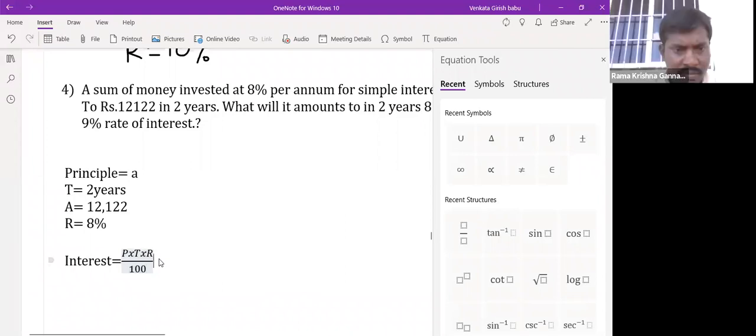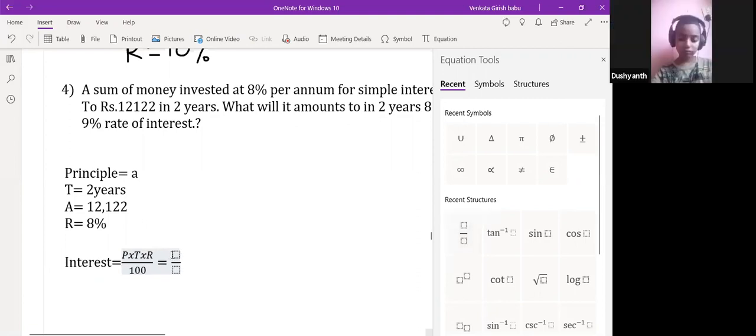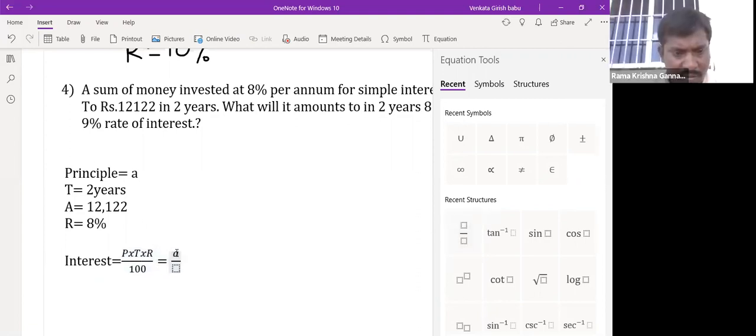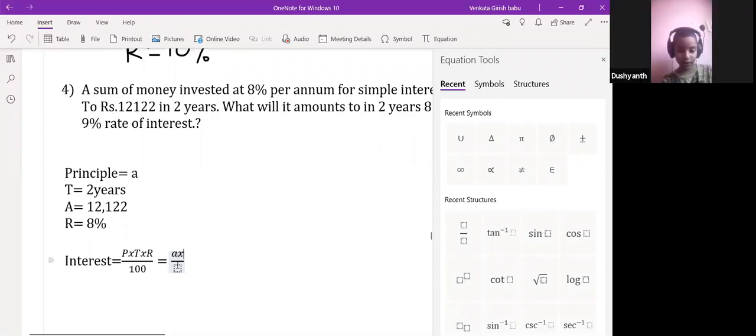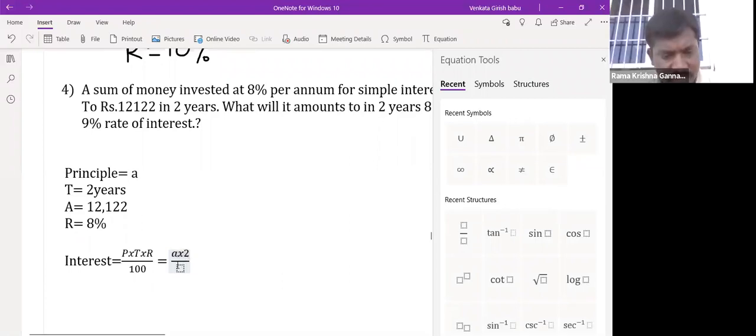What is the P value? We don't know the P value, so take it as A. T is 2 years, R is 8%. So interest is A into 2 into 8 by 100.